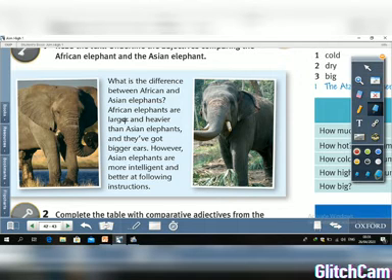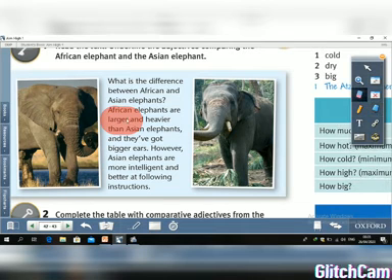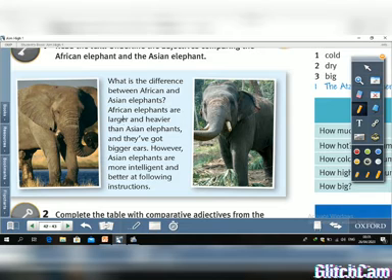I think it's larger, also heavier and bigger and more intelligent and better.